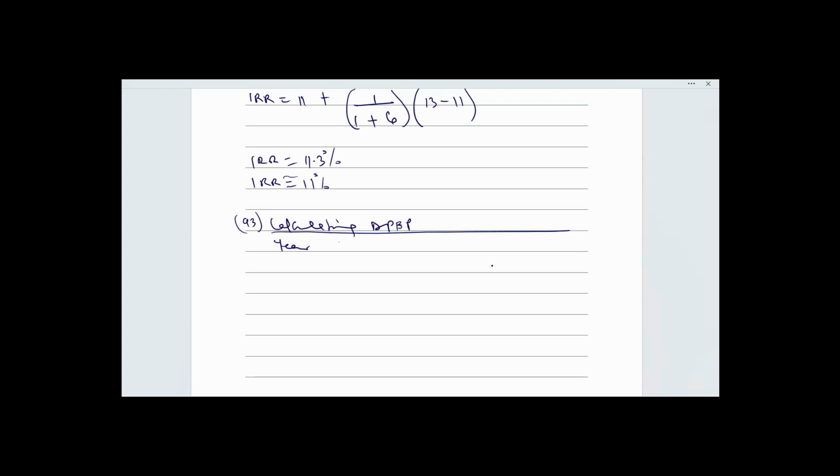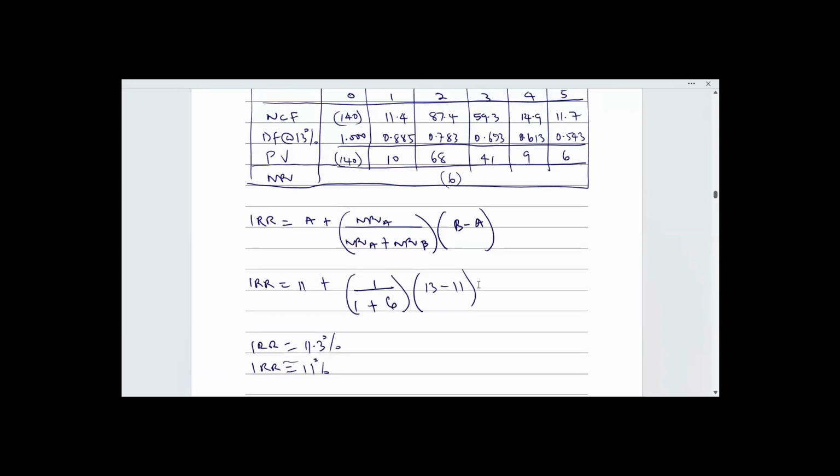I will then say PV, present value, then I will have balance. Therefore, year 0, we have 140. Year 1, year 2, year 3, year 4, then year 5.